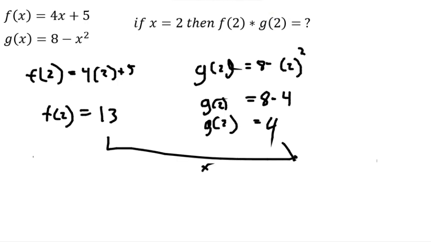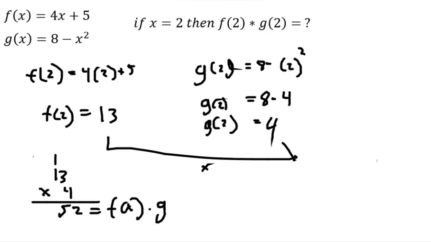We can just multiply this and we get the answer to f of 2 times g of 2. I'll just use long multiplication. So 4 times 3 is going to be 12. We have 4 times 1 and 5. So that's going to be the product of f of x times g of x. Okay, so that's the answer.